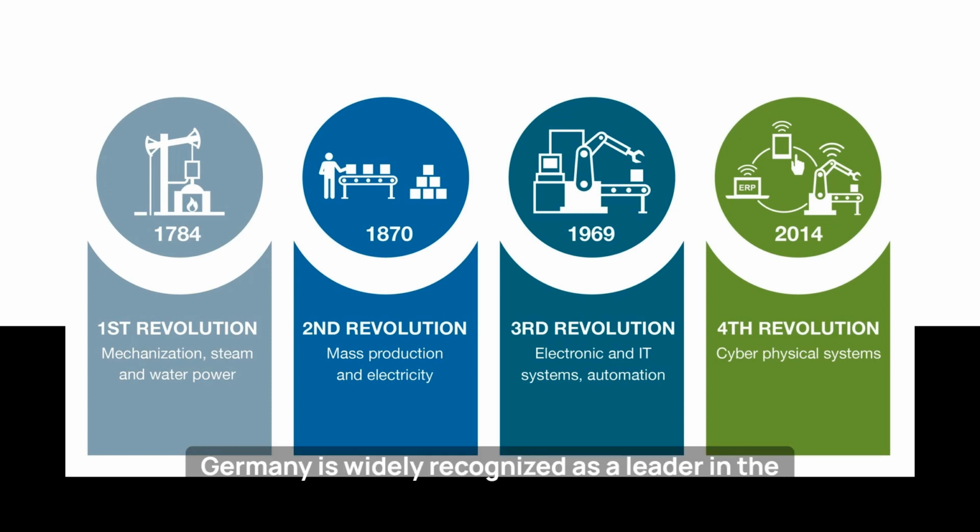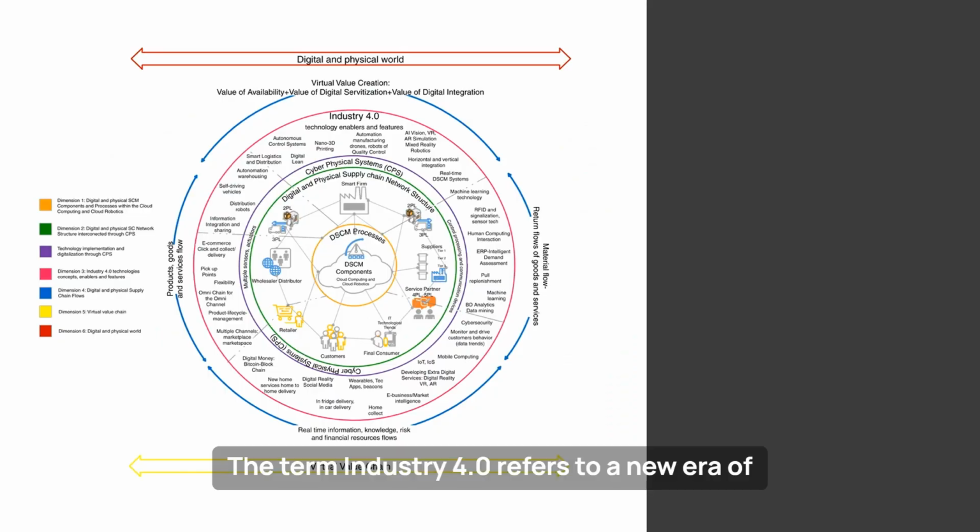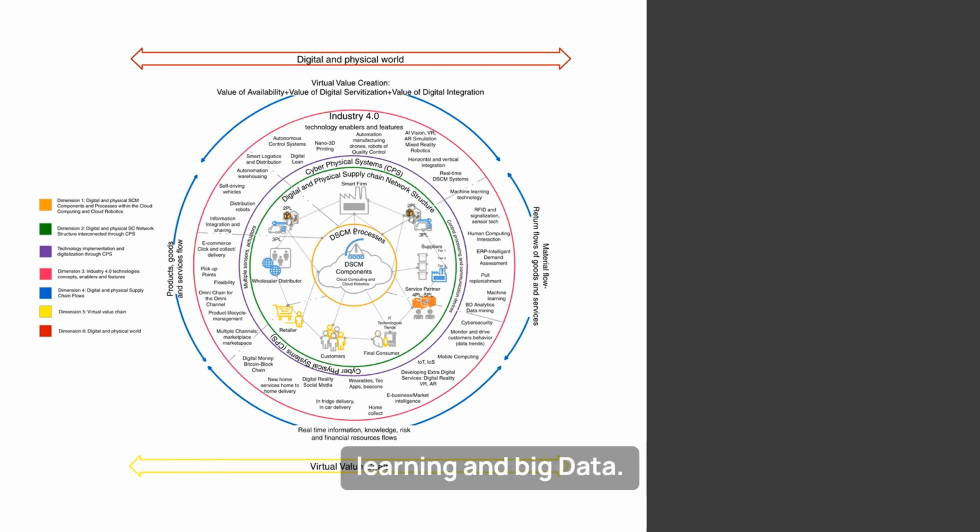Germany is widely recognized as a leader in the implementation of Industry 4.0, a term first coined at the Hanover Fair in 2011. The term Industry 4.0 refers to a new era of technology that encompasses a wide range of technologies and paradigms such as AI, machine learning, and big data.